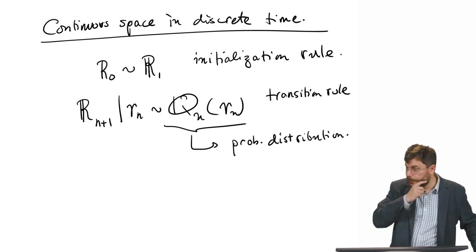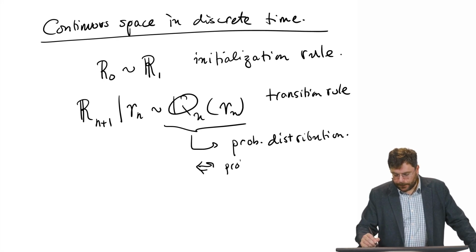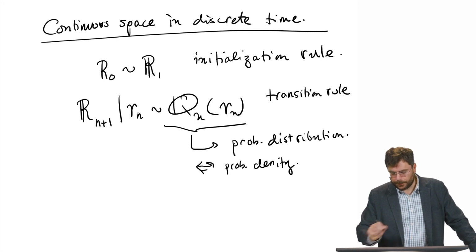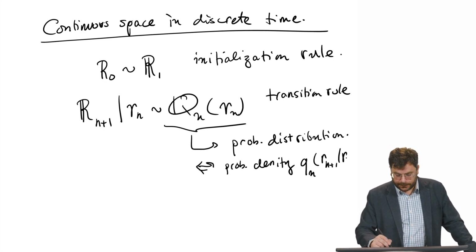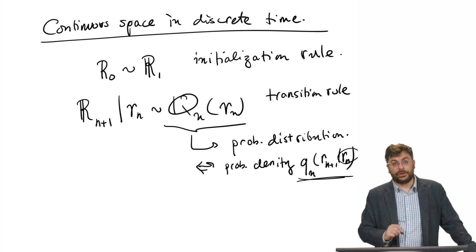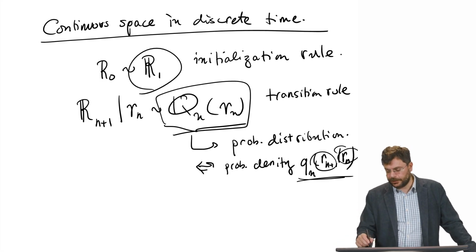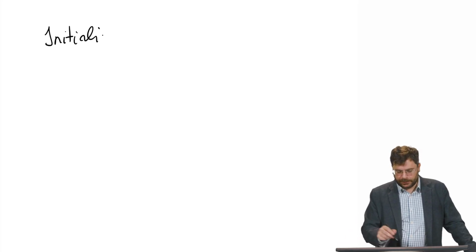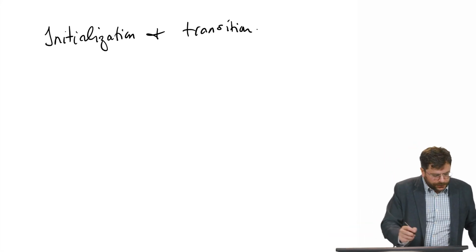And the Q here will be the probability distribution, which has a coinciding probability density, which typically I would write out as Q sub n of R sub n+1 conditioned on R sub n. So now at this point we have a probability density describing how I get from some state to some other states. So let's be a little bit concrete in terms of the meaning of this for just a second.